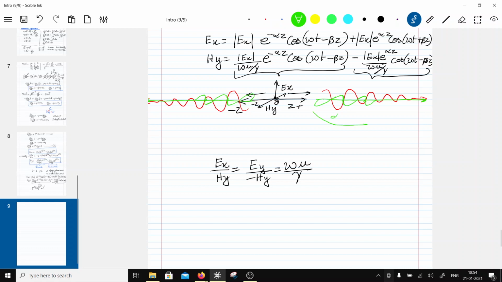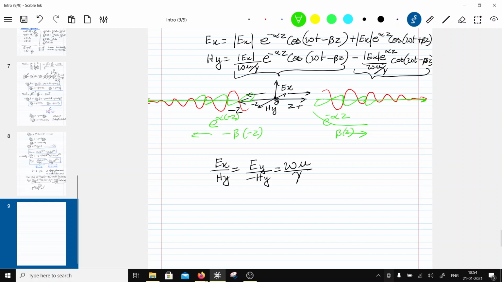As per minus alpha z on this side, e raised to minus alpha z, and on this side also e raised to minus alpha z, because it is minus z, right? And again, beta is causing delay this way, and minus beta with minus z is causing delay the other way, right?